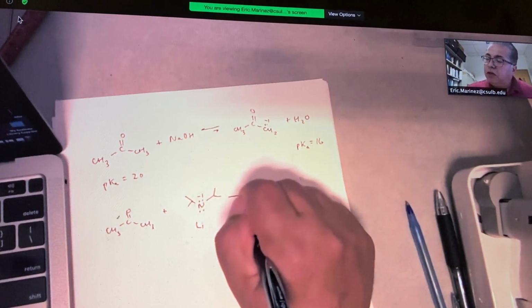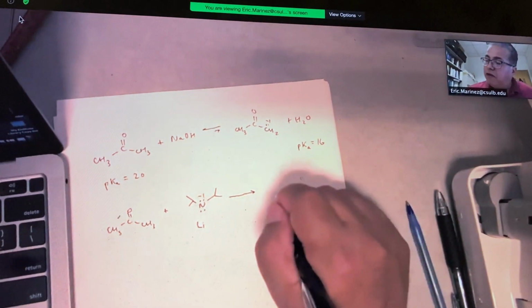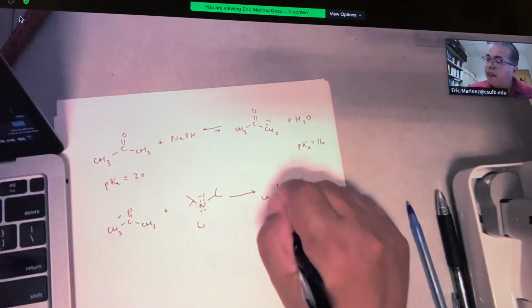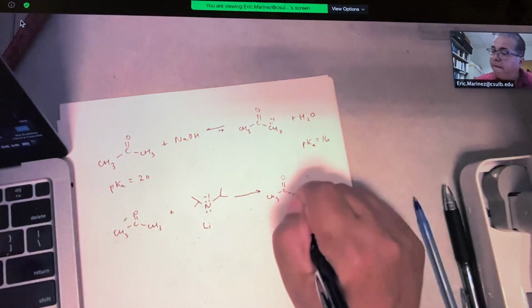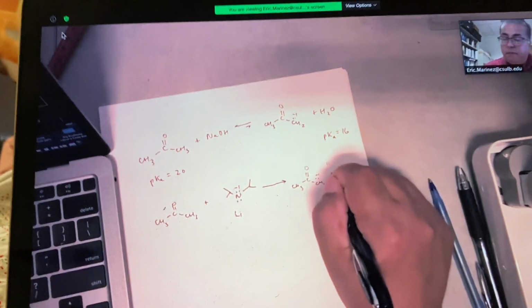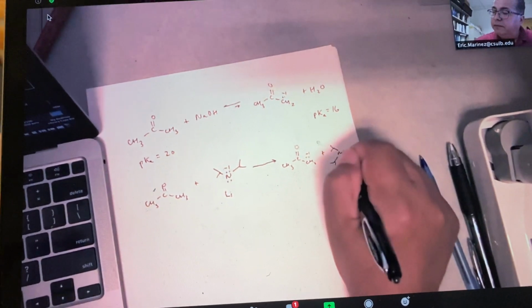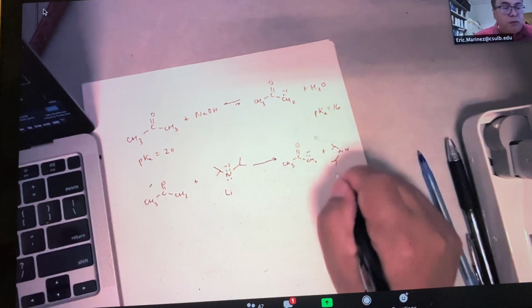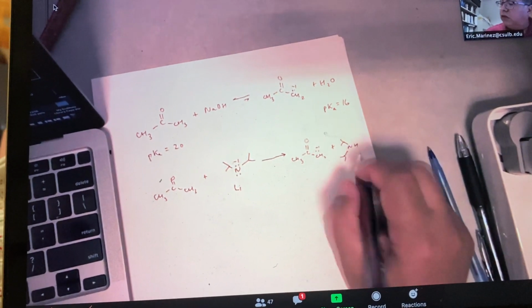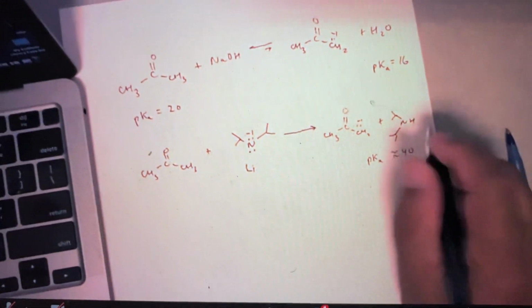This equilibrium is shifted all the way to the right because I form the enolate plus diisopropylamine. And again, diisopropylamine has a pKa value of approximately 40. Actually, it's 38, but we're going to say 40, approximately.